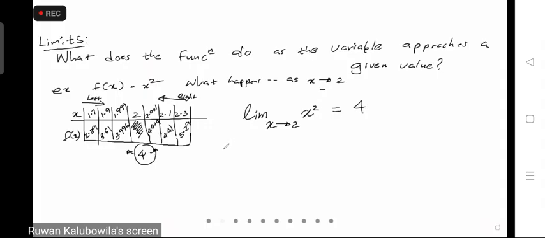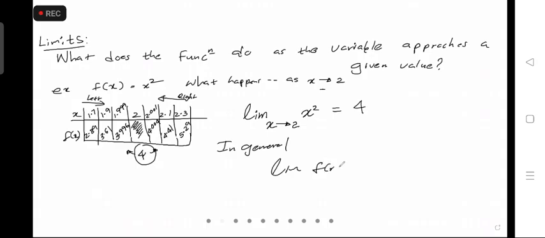In general, you can write the limit of f(x) as x approaches a, where a is a constant value, is L, where L is a scalar, some point or constant.